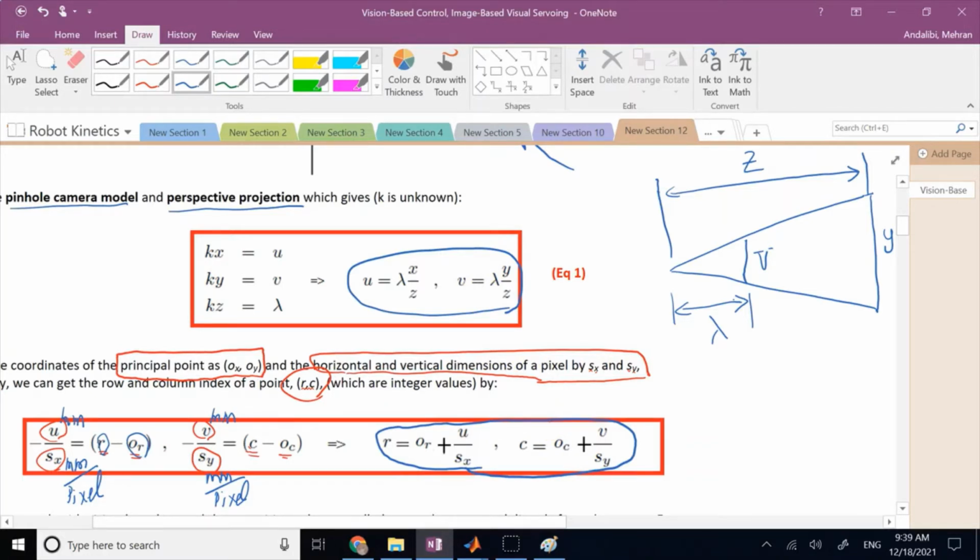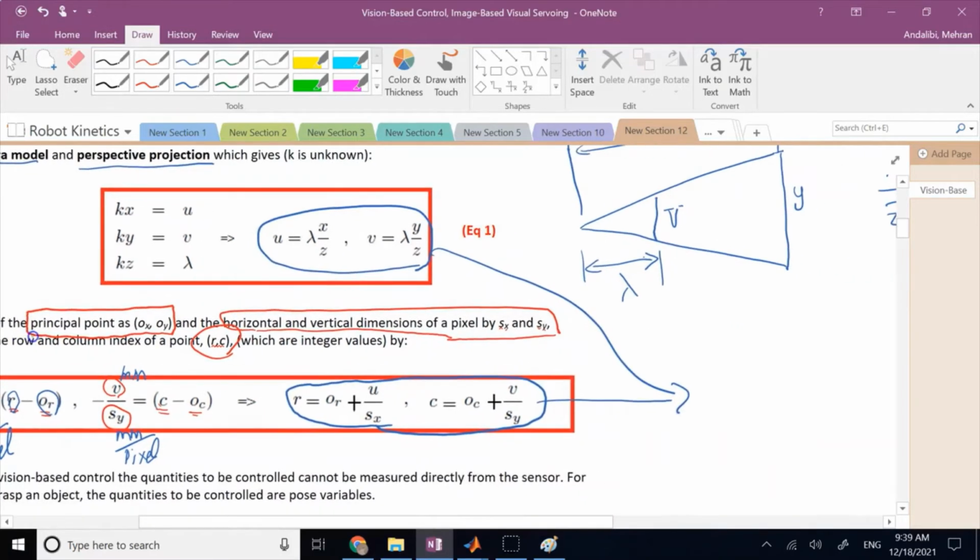Combination of these two equations, this one and this one, are what we call the intrinsic parameters of the camera. Again, my goal is by no means to teach full computer vision here.